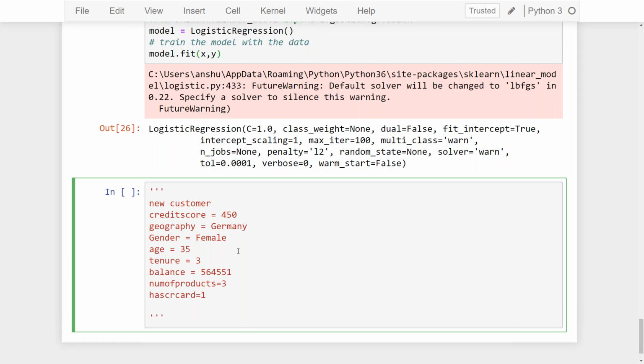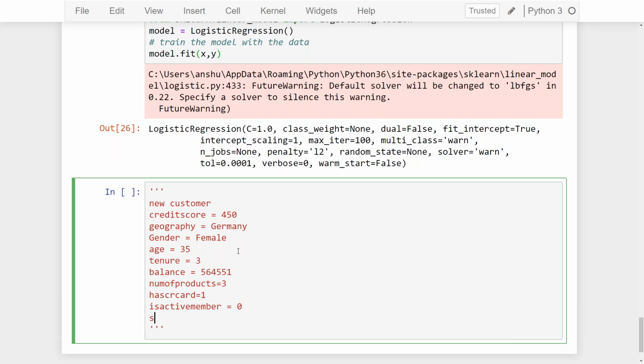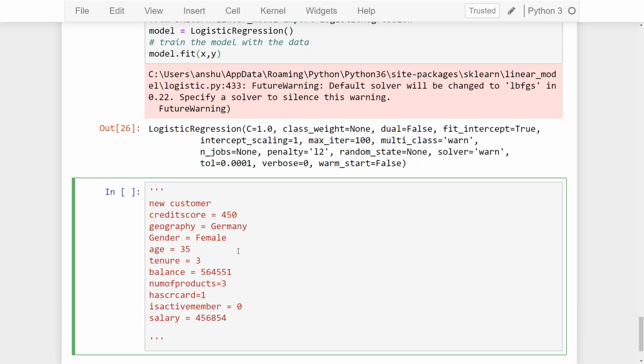And let's say that we are talking about a dummy customer; is active member equals 0, and salary equals this one. And we want to make a prediction whether this customer will leave the bank or not. Right, so let's create the array equal to numpy.array.